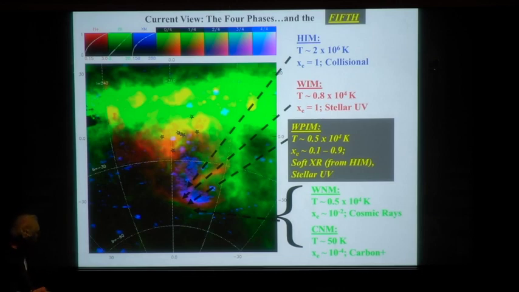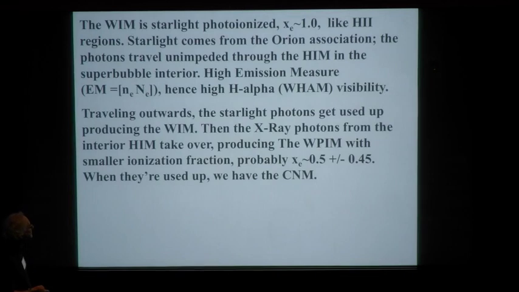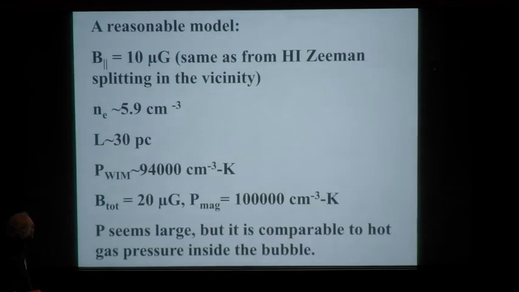And I don't have too many measurements of that, but when I do the modeling of that shell, I just wanted to point out, we find typically the line of sight component of the magnetic field is about 10 microgauss, that's from Zeeman splitting.